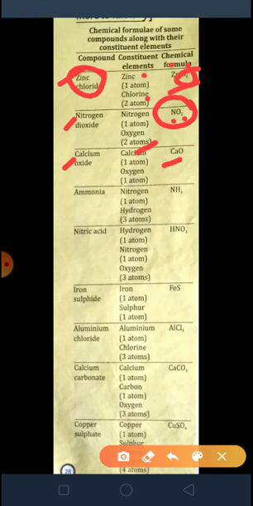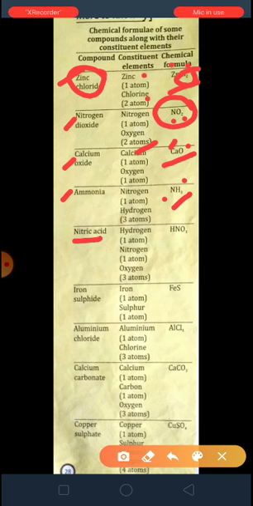Calcium oxide, CaO. Ca is the symbol of calcium and O is the symbol of oxygen, so calcium oxide is formed by chemically combining one atom of calcium and one atom of oxygen. Ammonia, NH3, means one atom of nitrogen and three atoms of hydrogen.